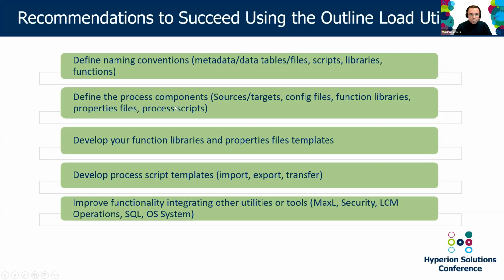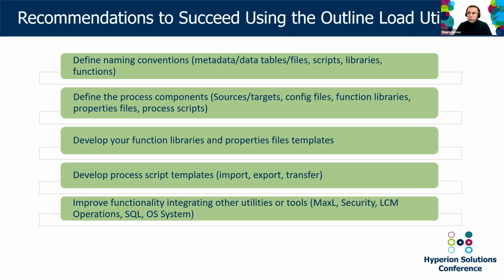Also, define your process, what kind of processes you have. According to those processes, you define your configuration files for those processes. You should have in place your function libraries, your property files also, and the process scripts. And also, the important part here that is essentially the objective of this presentation is define your function libraries.